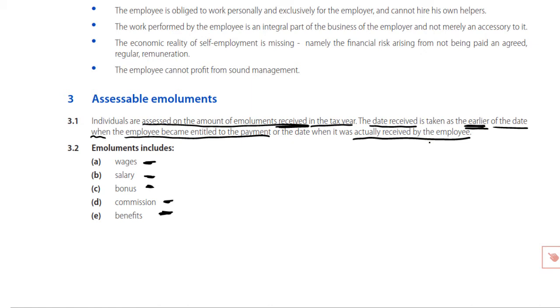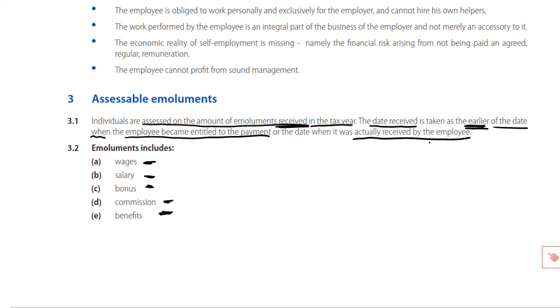Whereas if you actually received it, like we said a moment ago, on the 10th of April 2017, the fact that it was actually received in 2017-18 is ignored. You became entitled in 2016-17, and that earlier income tax computation is the one it will be allocated to.